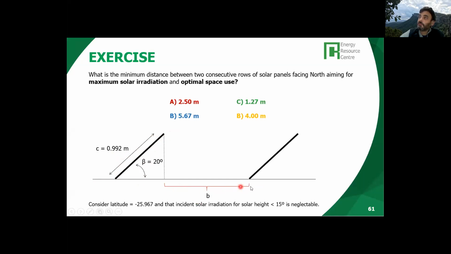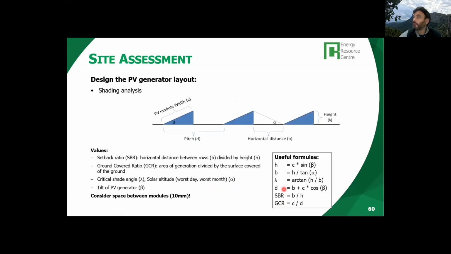What would be the minimum distance we need to space our different rows of PV modules to avoid substantial shading? You can consider a solar height of 15 degrees. I mean, the minimum irradiation, this value lambda could be the 15 degrees.